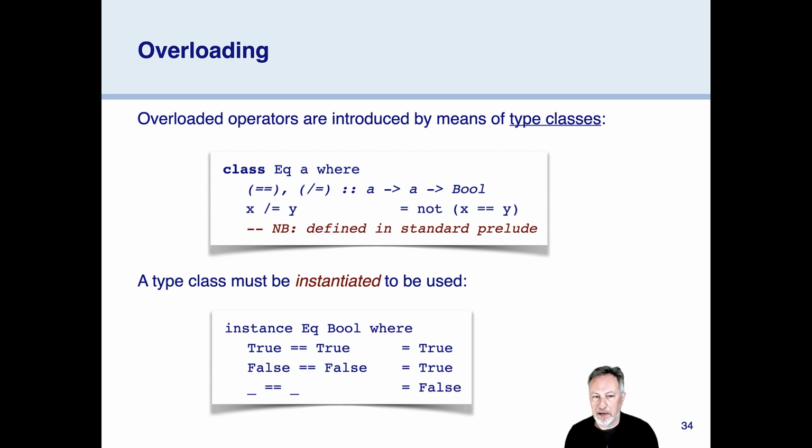Now, Haskell has a feature that allows you to define overloaded operators. It works differently from overloading in object-oriented languages, where you can simply define multiple methods with the same name that take different arguments.